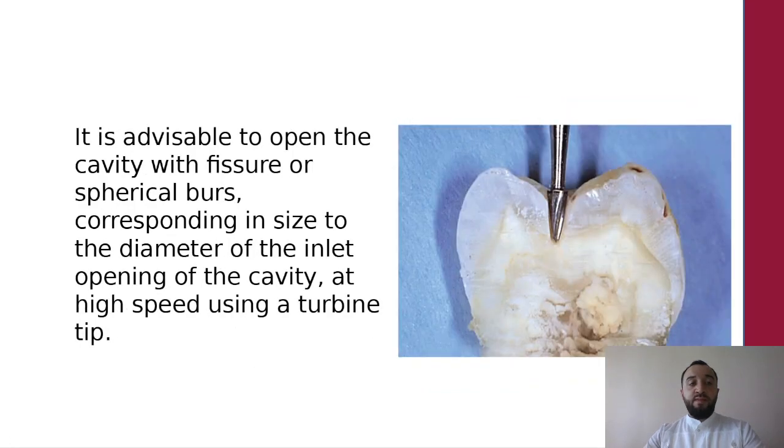It is advisable to open the cavity with fissure or spherical burs corresponding in size to the diameter of the inlet opening of the cavity, at high speed using a turbine tip.